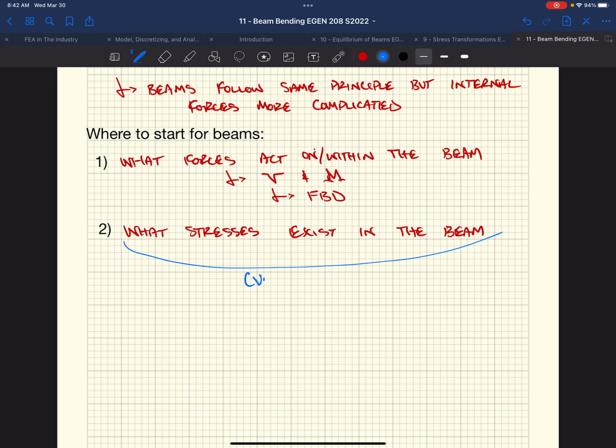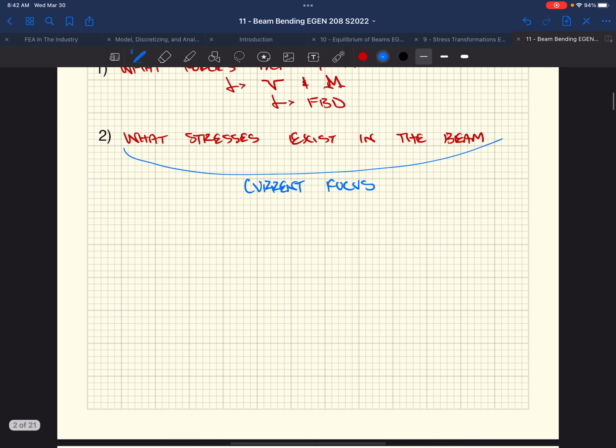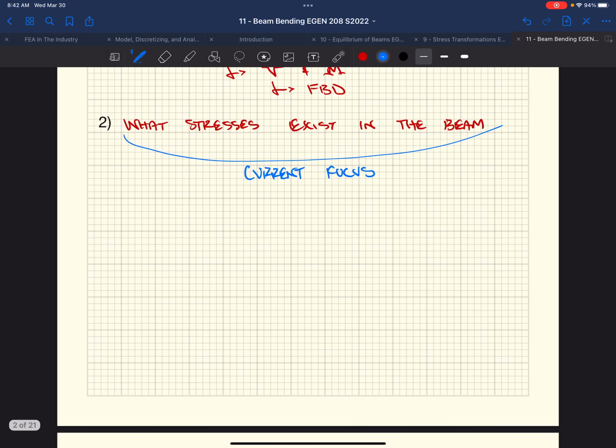And this is really our current focus, because you guys know how to do step one, right? Figure out those internal forces or external applied forces based on devising a free body diagram. Well, to find stresses, we need external forces.